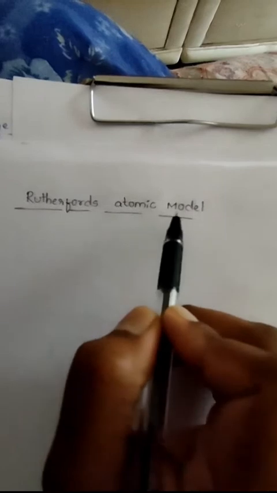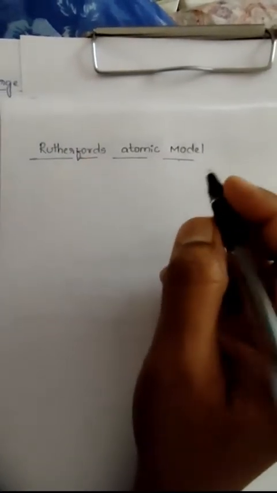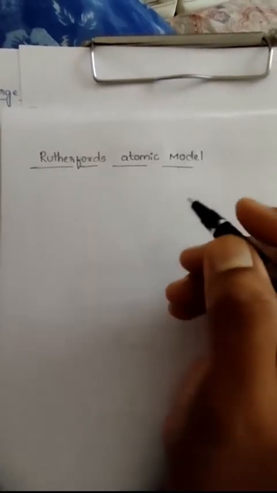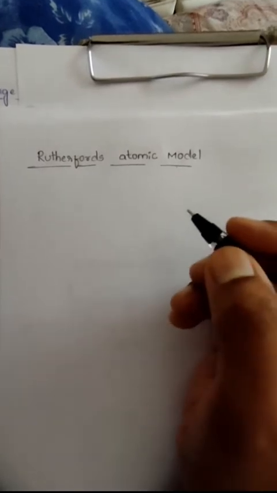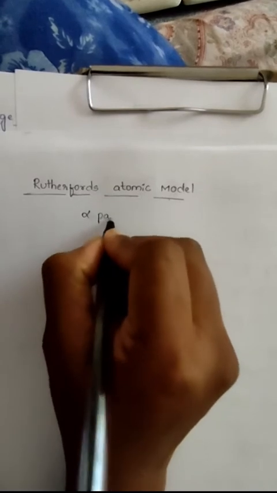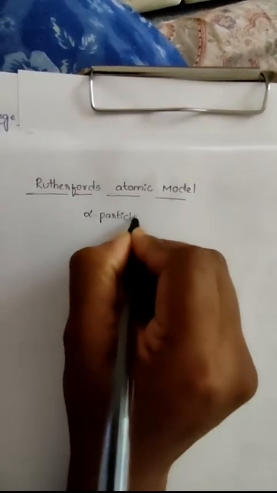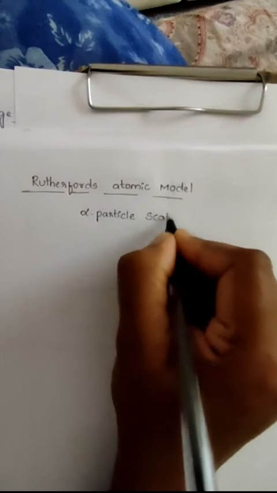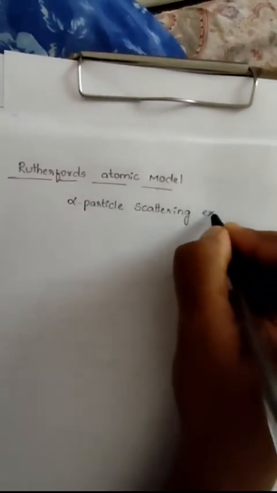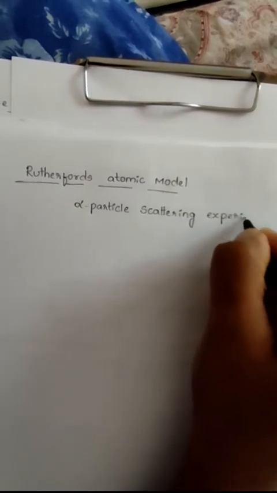Rutherford's atomic model. Rutherford, along with his students Hans Geiger and Ernest Marsden, conducted an alpha particle scattering experiment.